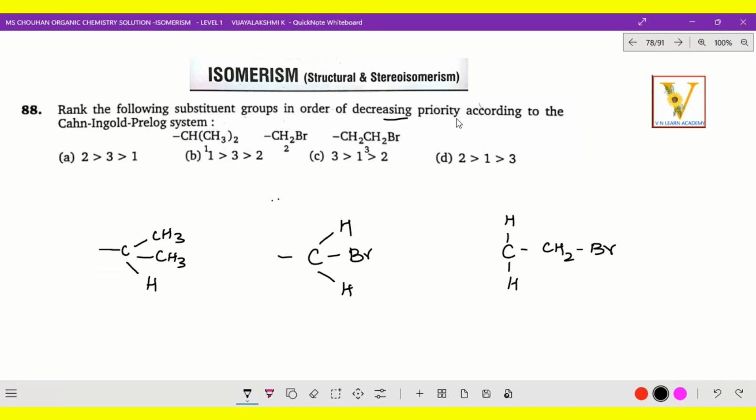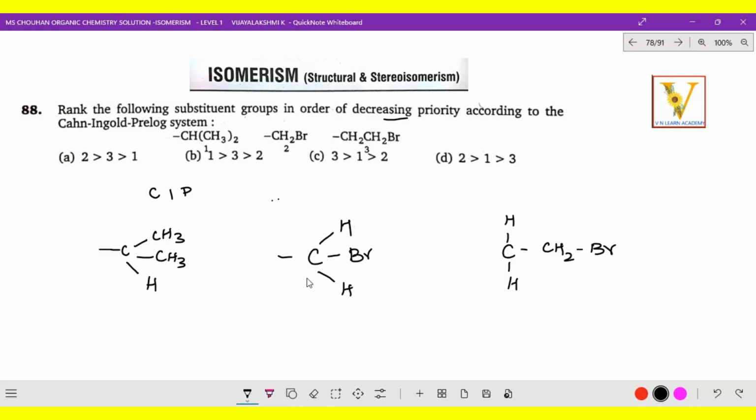Priority: decreasing priority according to the CIP rule, Cahn, Ingold, and Prelog. Now here CH3 twice and CH2Br. In the CIP rule, higher priority goes to higher atomic number and lower priority goes to lower atomic number.